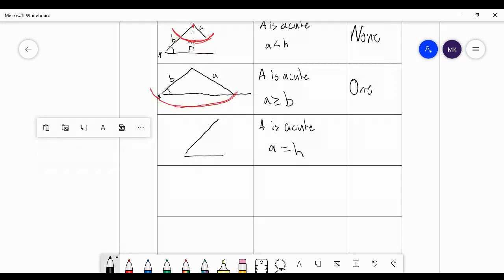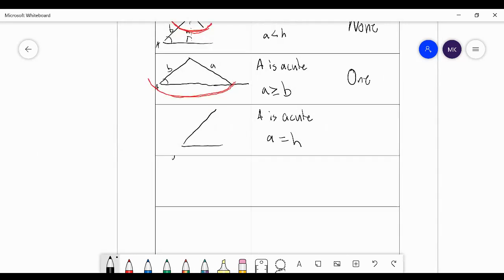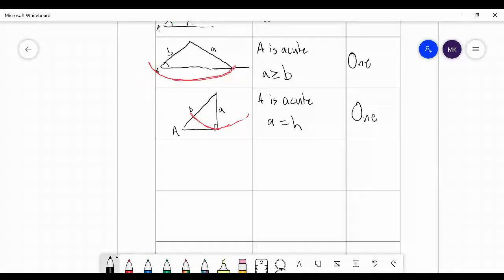We have our A, we have our B, and our little a that's equal to H. If we swing this again, it never makes a triangle, other than the one when it hits here, creating a right triangle. Again, we have one possible triangle.